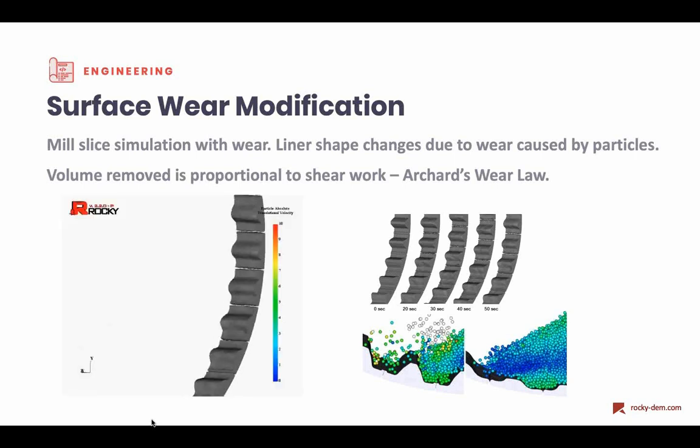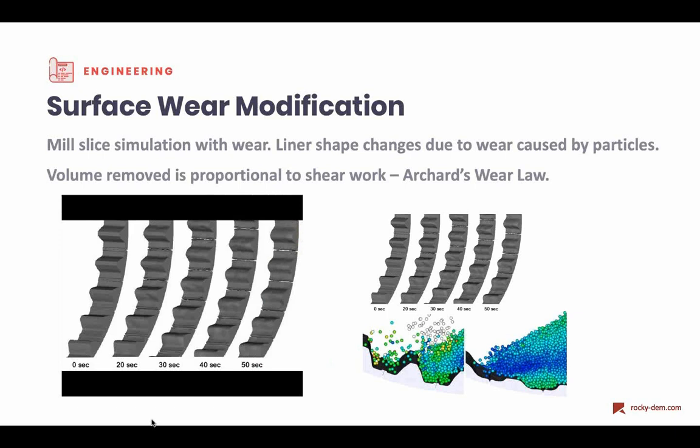We generate a surface mesh for the boundary, and due to the normal and tangential forces, we can predict, using Archard's wear law, the volume of material that is removed from the surface, and what is going to happen with the surface geometry during the simulation.